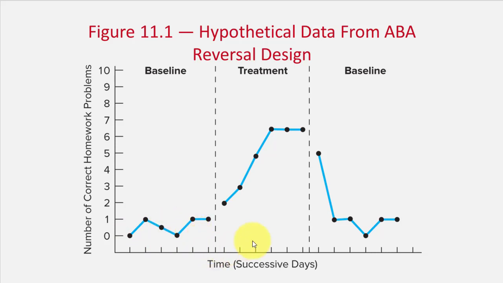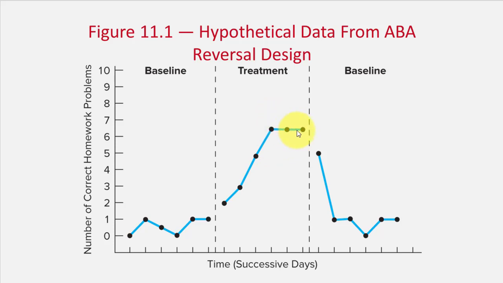And then we have somebody who is skilled to teach mathematics. They come in over the next several days, and the number of correct problems that the students have increased significantly to around 6 or 7 over the next 5 days.